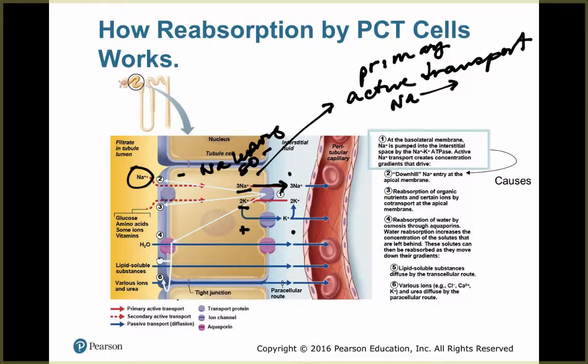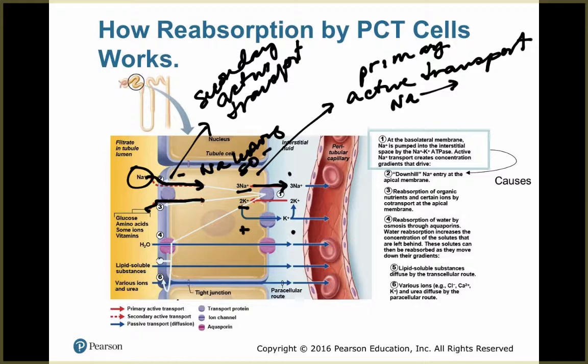Now over here, this is also an active transport, but it's a secondary active transport, and it's symport or co-transport here. If you notice, you're seeing two things coming across the membrane.